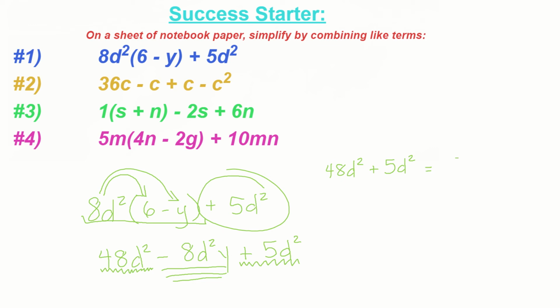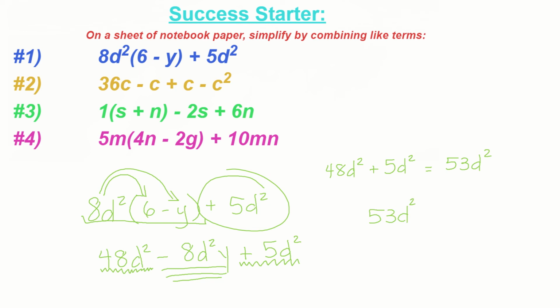And that's going to get me a total of 53 d squareds. And remember, you can think about this as a d squared, or those could be glazed donuts. So I have 48 glazed donuts. And now I'm going to add 5 more glazed donuts to it. How many glazed donuts do I have left? 53 glazed donuts. So that 53 d squared is going into my summary for my final answer.